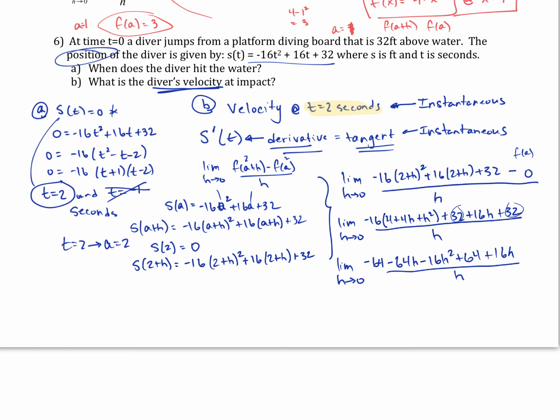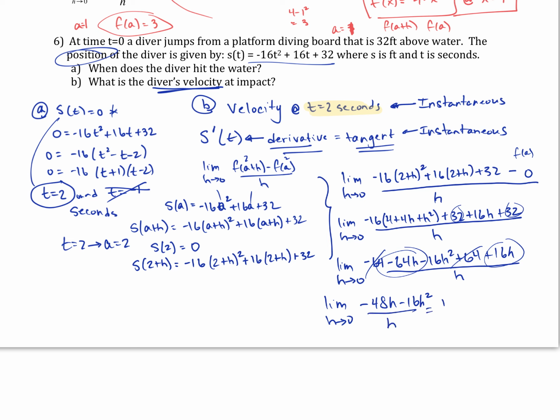What you'll notice is you should always have things that reduce out here. So I have this 64 and that 64 that reduce out. Then I can combine this and this to give me the limit as h goes to 0 of negative 48h minus 16h squared all over h.